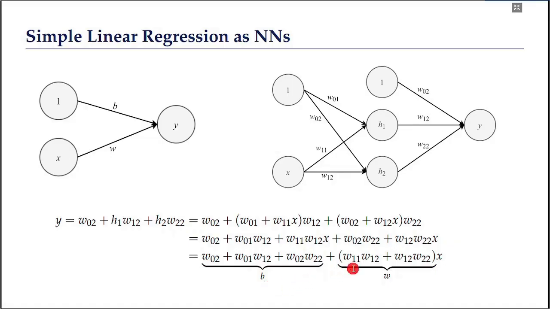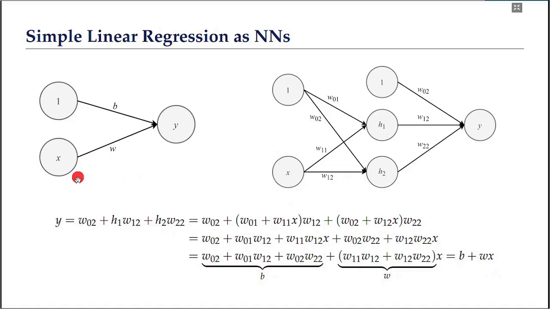And here W11 times W12 plus W12 times W22 can be considered as the coefficient for x, or the weight for x, and let's call it simply W. So this two-layer neural network becomes B plus Wx, which is just a simple linear regression model.